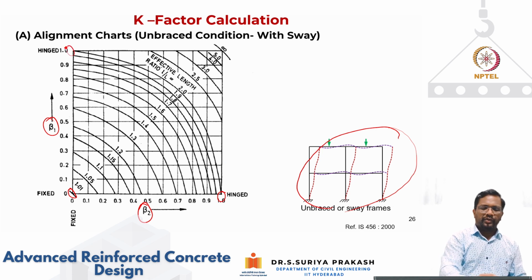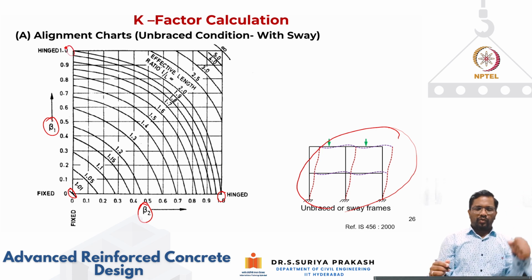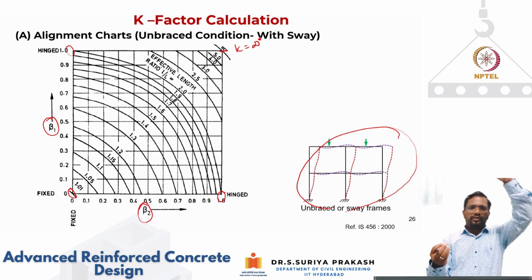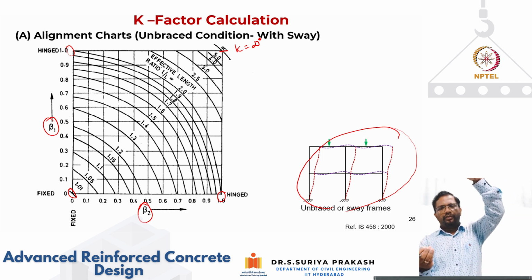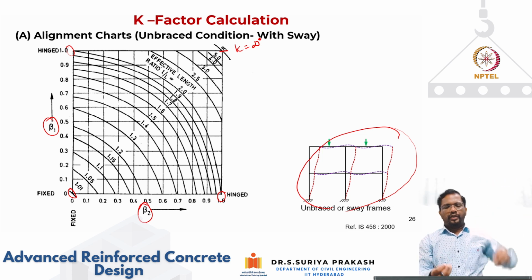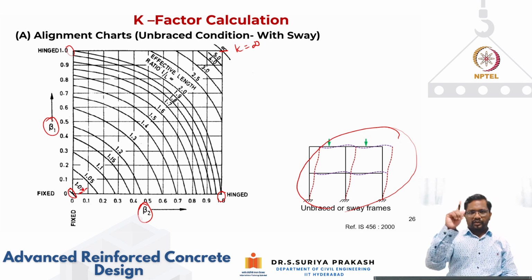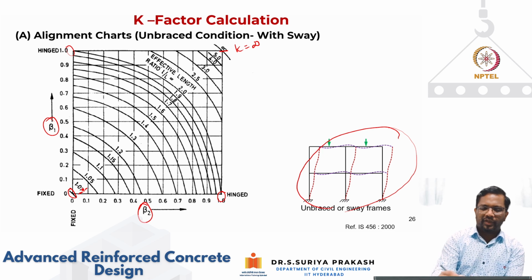If you look at hinge condition, 1 and 1, my K value becomes infinity. That is your stick which is free to rotate, and it is not a stable configuration, it's an unstable configuration. Similarly, if your beta value becomes 0 and 0, you will find that the K value is 1. So for an unbraced condition, K values are between 1 and infinity.